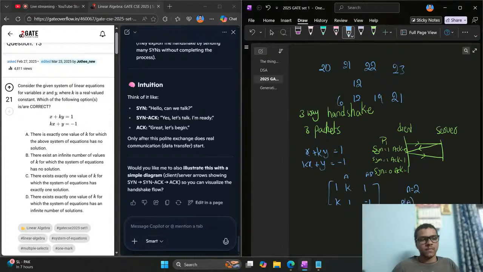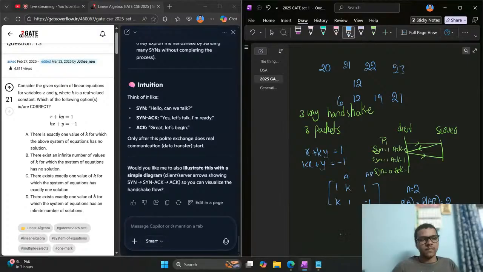So rank of A is equal to rank of AB is equal to 2, that is a unique solution. Rank of A is equal to rank of AB is less than n, that is infinitely many solutions. Rank of A is not equal to rank of AB, that is no solution.